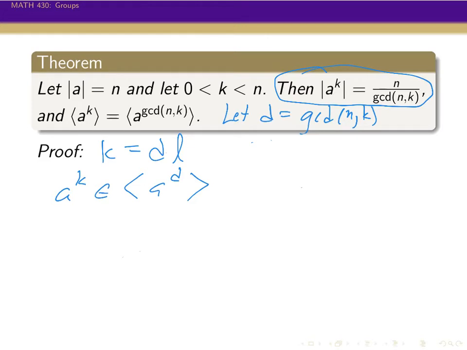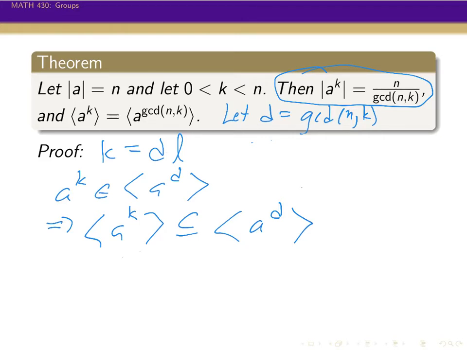Now, since a to the k is inside the subgroup, I could apply a to the k as many times as I want to itself, and because the subgroup is closed, I'm still going to be inside the subgroup generated by a to the d. So the subgroup generated by a to the k is a subset of the subgroup generated by a to the d.